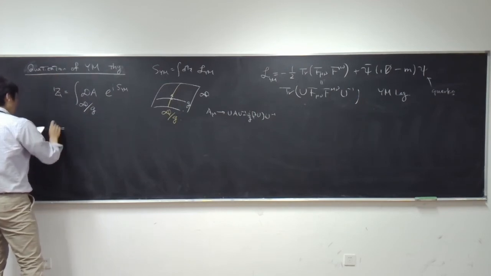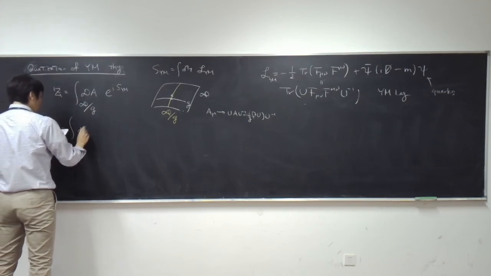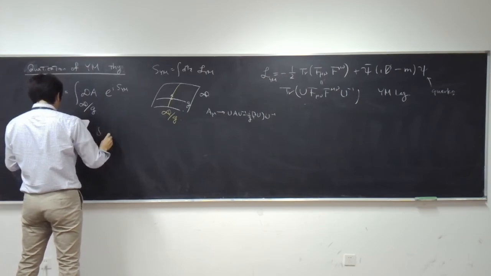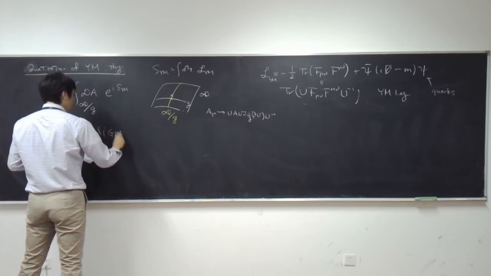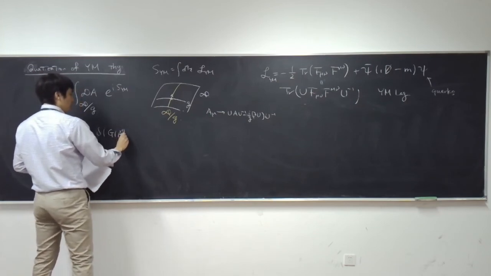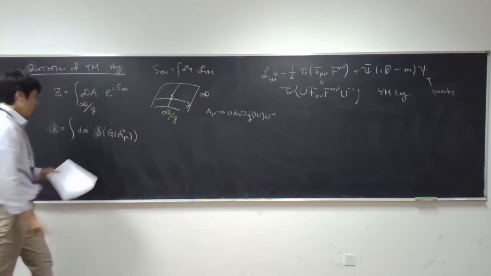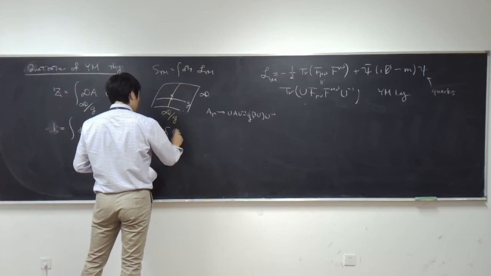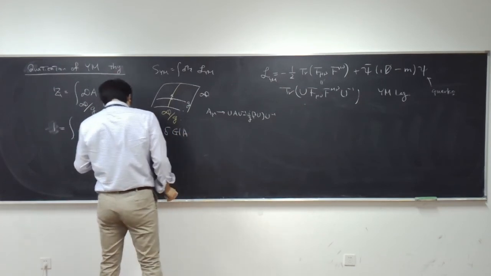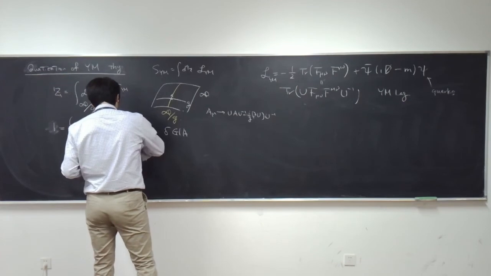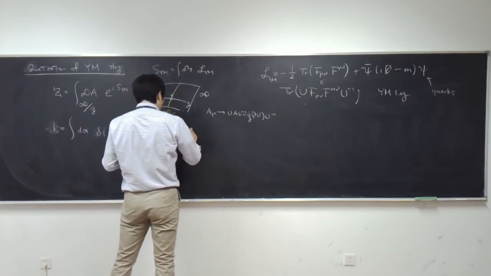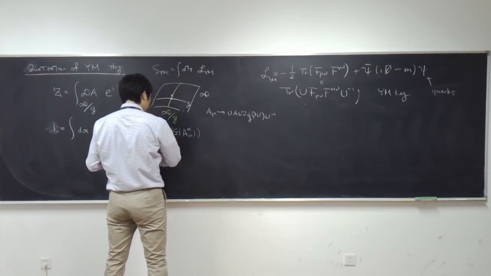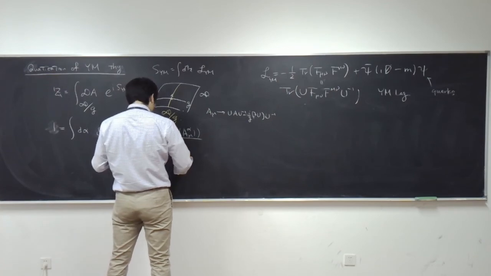Again, it's the same thing. One is equal to the integral d alpha delta of G of A, where the gauge field has a mu index like this, times the determinant of delta G of A over delta alpha. Sorry, this is G of A_mu^alpha.